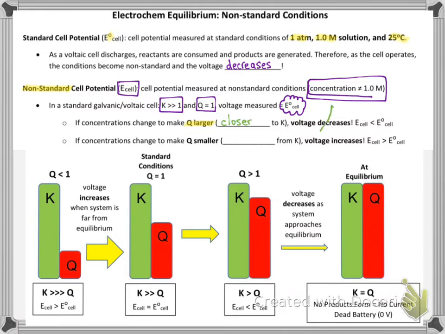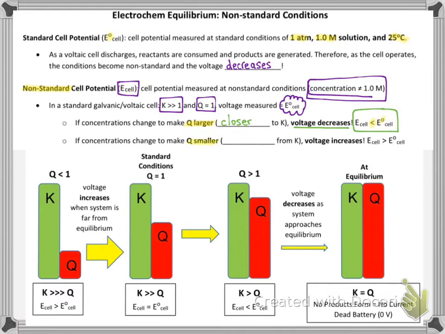Remember, at equilibrium, you have a dead battery. So hopefully it makes sense that as you get conditions closer and closer to a dead battery, your voltage is going to go down. That means your cell potential is less than your cell potential under standard conditions when Q is larger than 1.